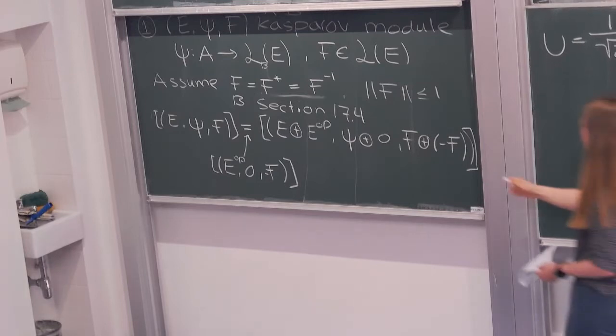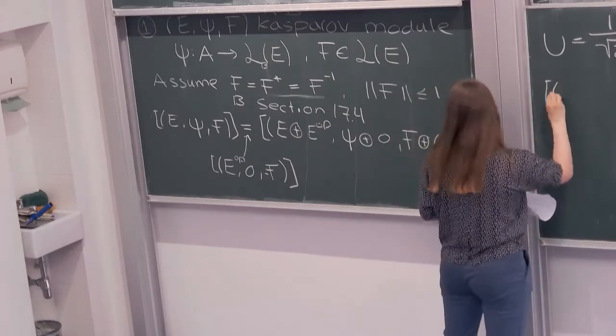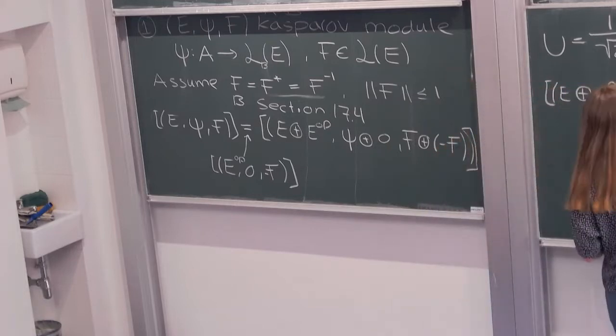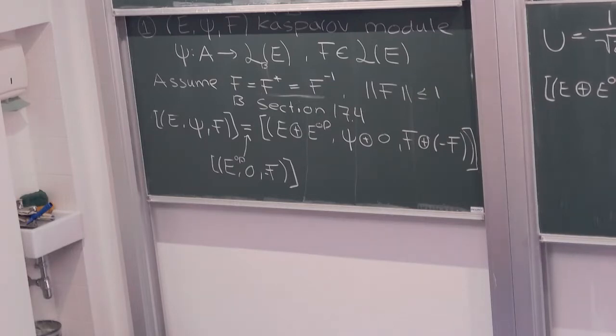So it means that this Kasparov module we have over here, E plus E up, psi plus 0, is the same as the module E plus E up, and then we have to take U, psi plus 0, U star, and here we of course have the same, that if we take U on here and U star here, then we get this part here.